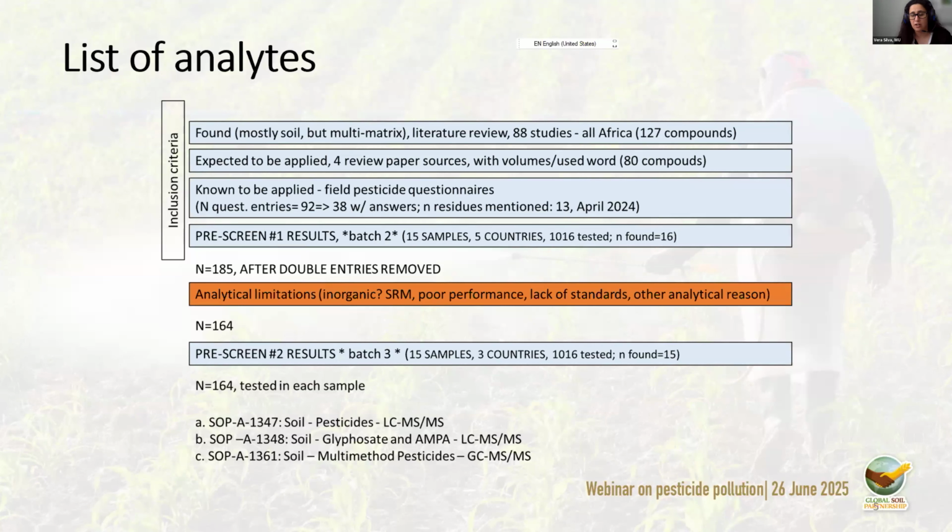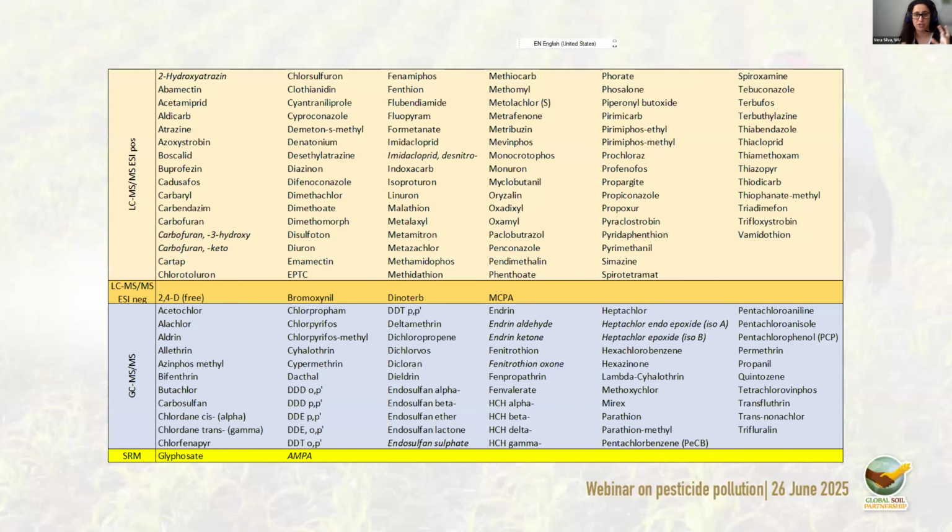And we also did a complete full screen in 10% of our samples to make sure that we were not overlooking any compound from this approach. Of course, analytical limitations come into play again, and we ended up with 153, which you can see here in this figure.